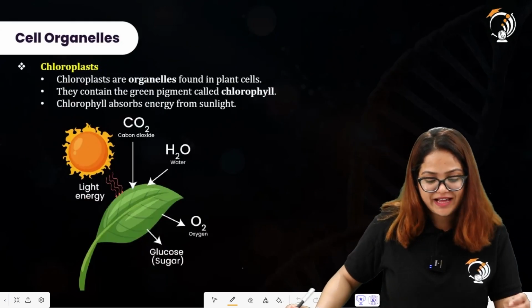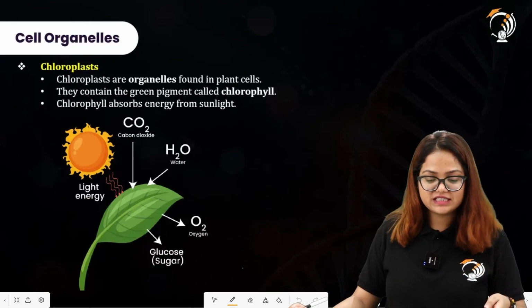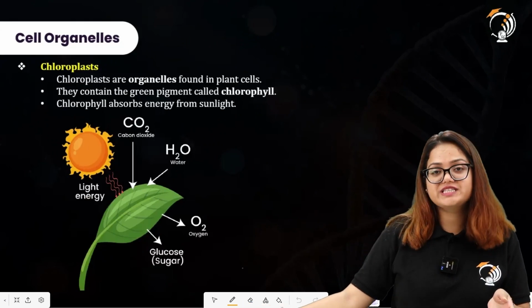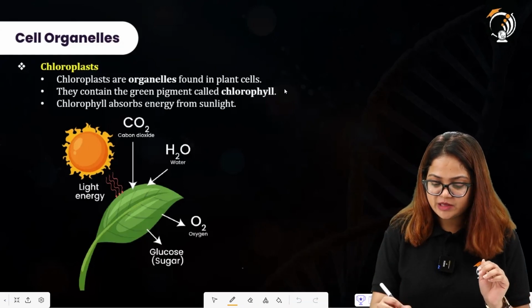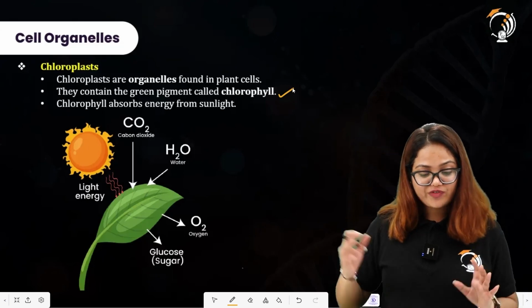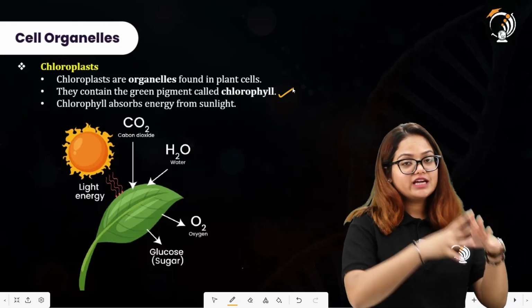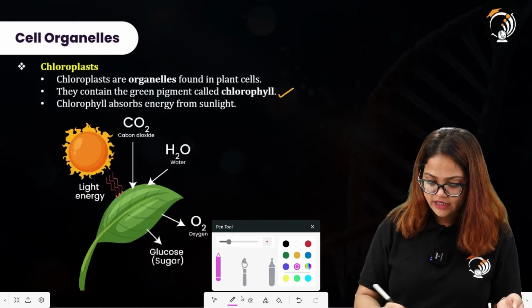Then chloroplasts are the organelles found in plant cells, specifically those structures which are able to photosynthesize. They contain the green pigment called chlorophyll.